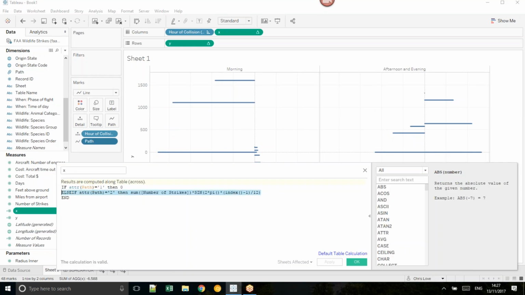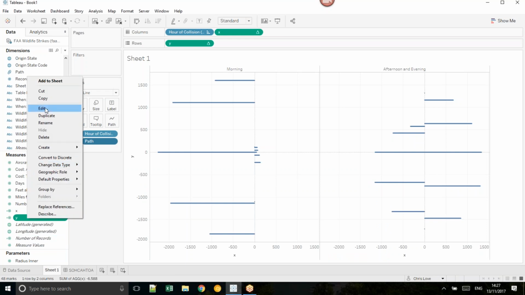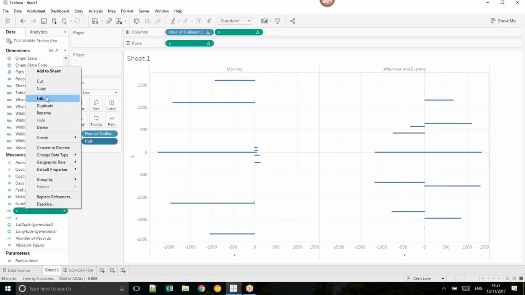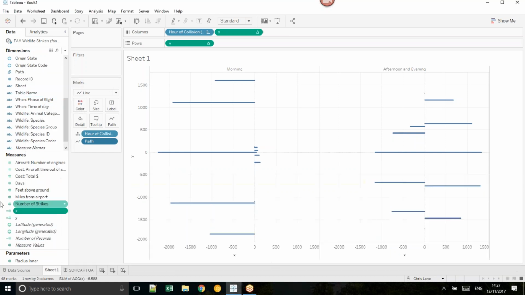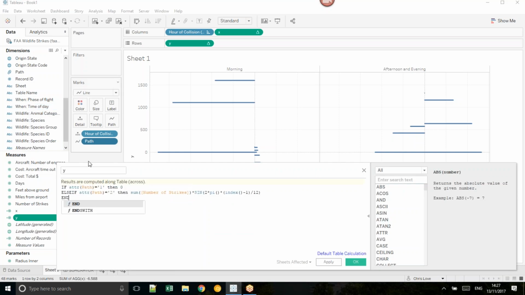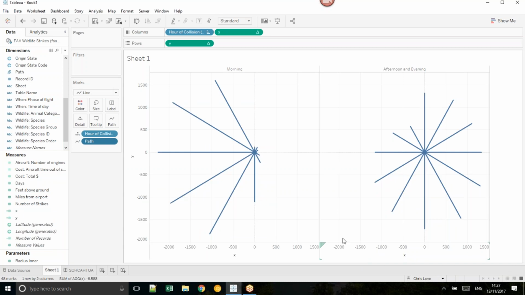What I didn't do is update my y calculation. So let me copy the whole thing actually, because that's going to be really quick to update. So now when I do the same with y, except with a cosine, there we go.